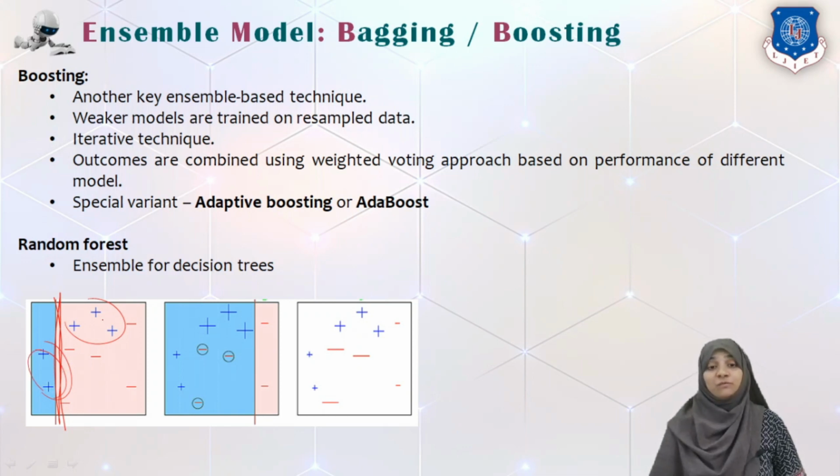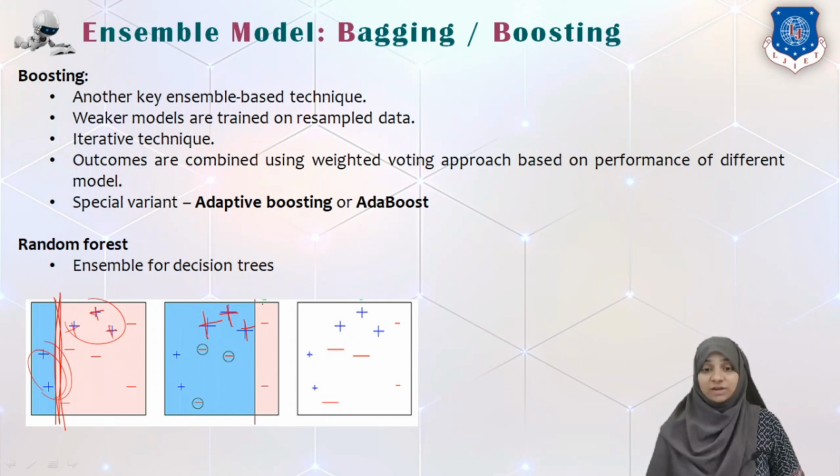So what we will do, we will resample by increasing the weight of these falsely classified samples. So these 3 positive samples are now given more weight. As you can see, the size of this plus is increased as compared to all other samples. And later on we run the classification algorithm.